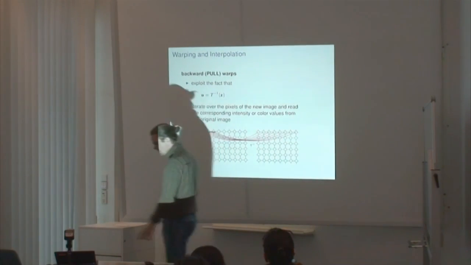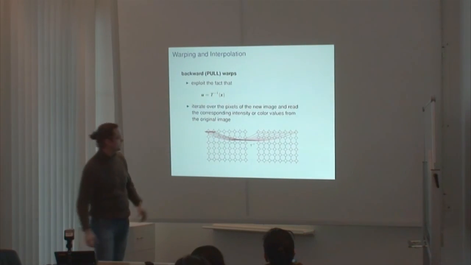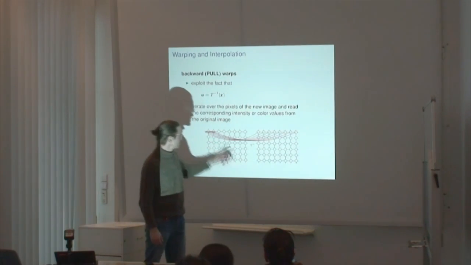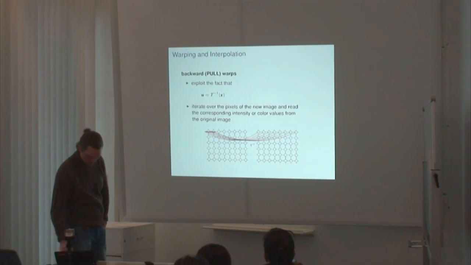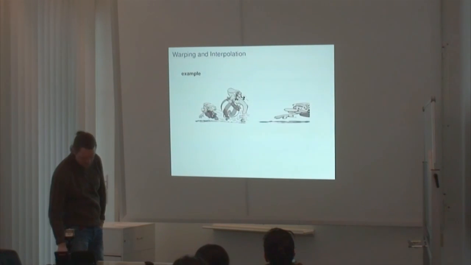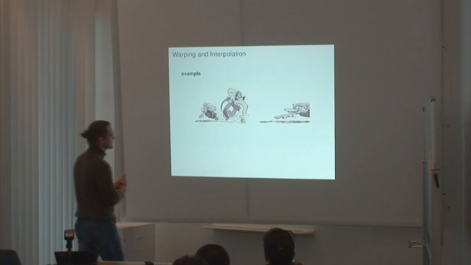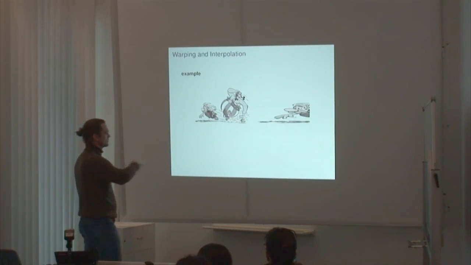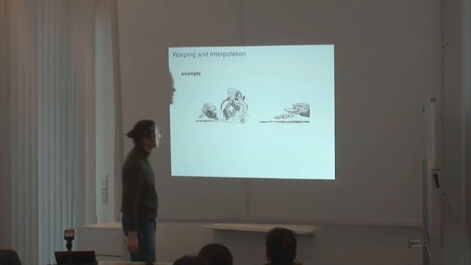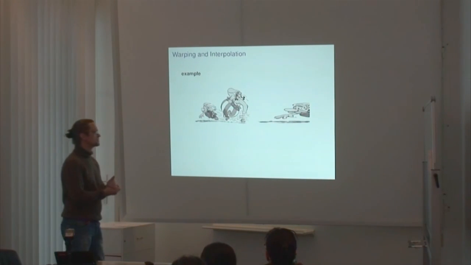This is called pull warping, because it pulls the intensity values from the original image into the new image. Here is how the result would look in the case of this simple example of scaling by a factor of 4 along the x-axis, or the horizontal axis. This looks much better. This is sort of what we want to have.